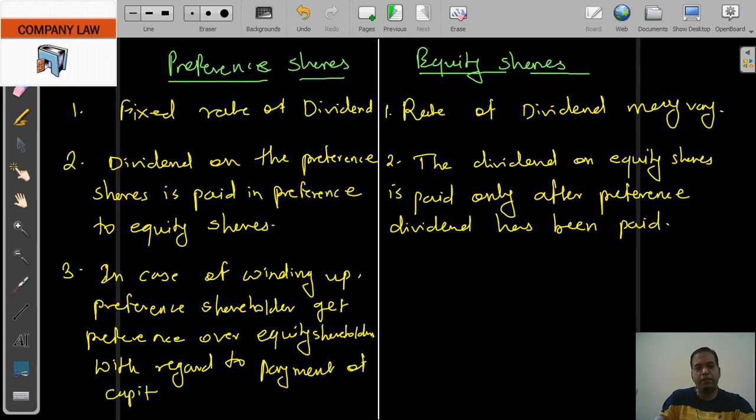So always remember the preference shareholders, when the company goes for the winding up, will get the first preference.